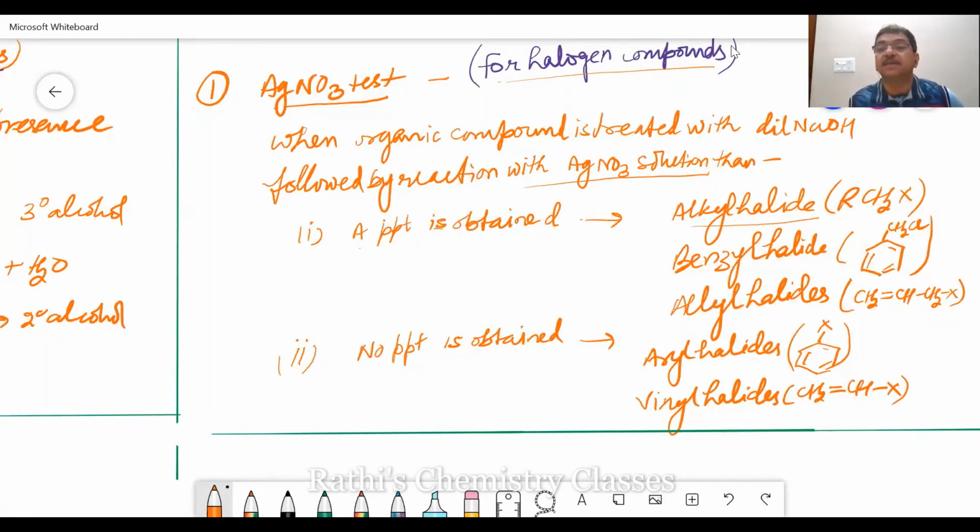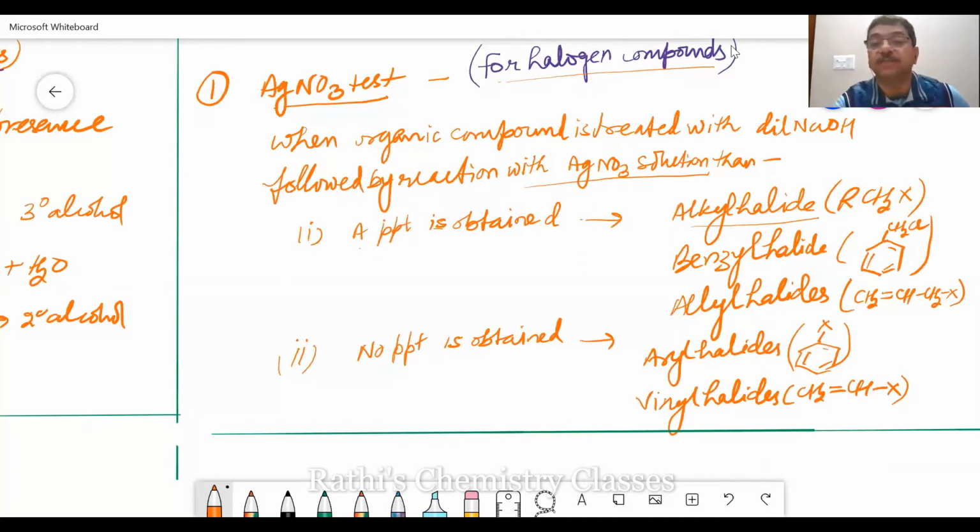Reason: dilute NaOH reacts with all these halides, that is alkyl, benzyl, and allyl halides, and displaces the halogen. So NaX is formed. NaX reacts with silver nitrate to give the AgX precipitate, that is silver chloride, bromide, or iodide.